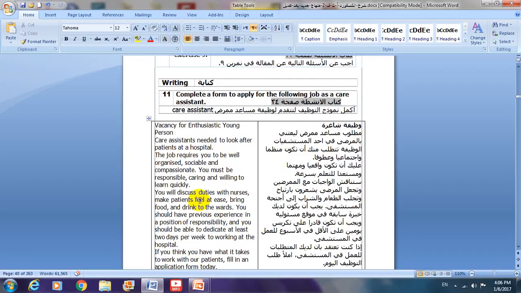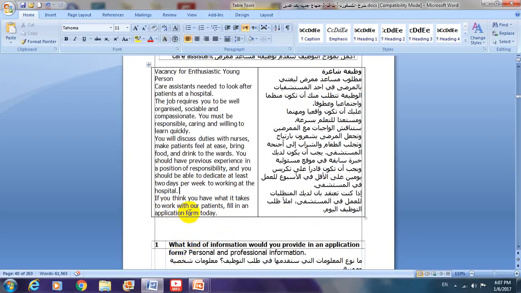You will discuss duties with nurses, make patients feel comfortable, and bring food and drink to the wards. You should have previous experience in a position of responsibility, and you should be able to dedicate at least 2 days per week to working at the hospital. If you think you have what it takes to work with our patients, fill in the application form today.